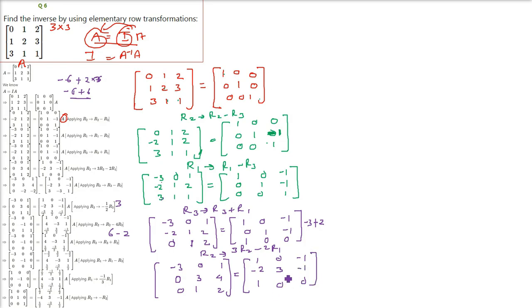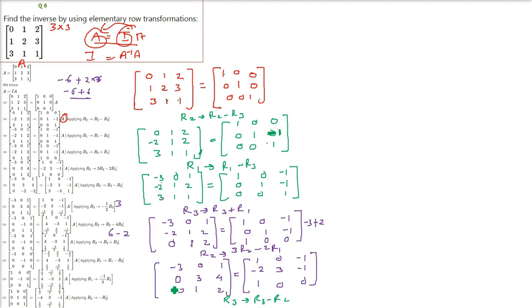Okay. So see, this row transformation takes some time. I must say that it takes a lot of time. That is why we adopt the other methodology to solve the A inverse. But still, you may be asked about this. Now next one is R3. We are changing R3 to R3 minus R2.